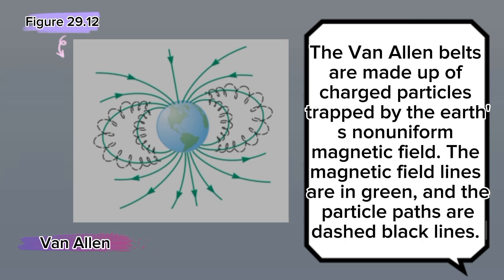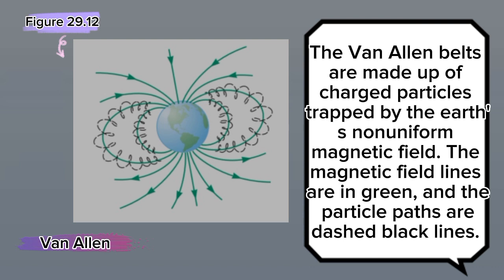In this figure, the Van Allen radiation belt consists of charged particles, mostly electrons and protons, surrounding the Earth in donut-shaped regions. In figure 29.12, the particles are trapped by the Earth's non-uniform magnetic field. They spiral around the field lines from pole to pole, covering the distance in only a few seconds.